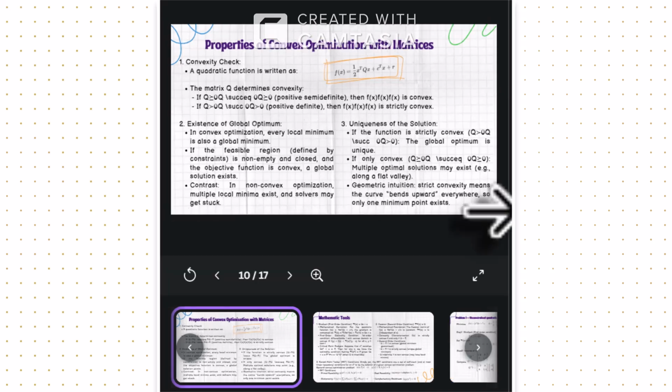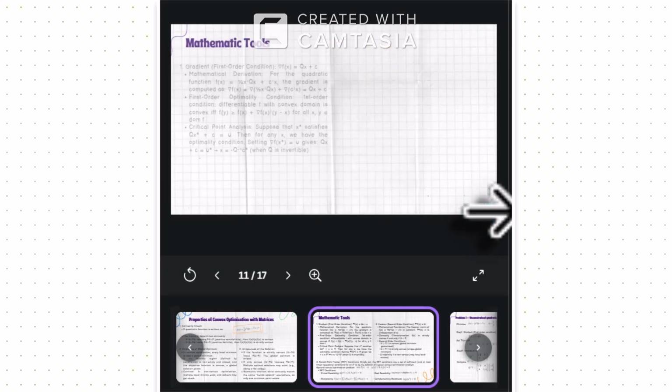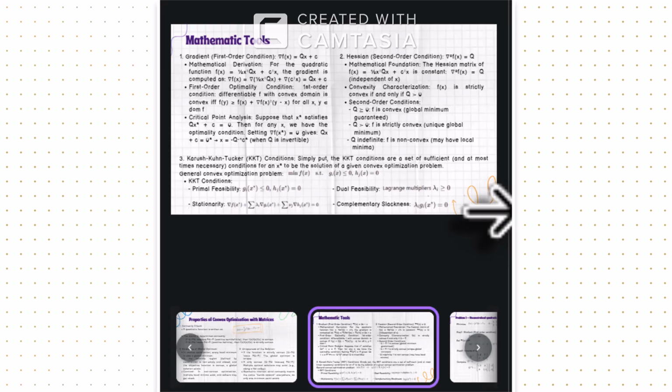minimum value. So the mathematical tools that can be used are, first, gradients. It's a first-order condition. For a quadratic function, f(x) = 1/2 x^T Q x + c^T x, the gradient of f(x) is Qx + c.